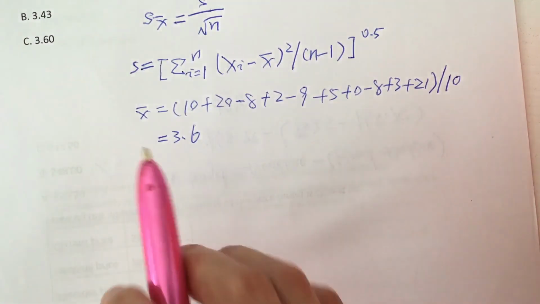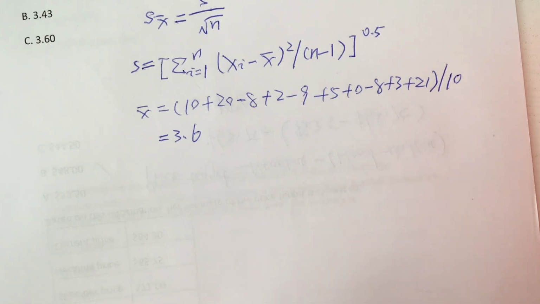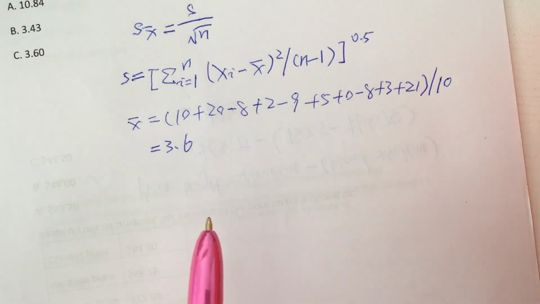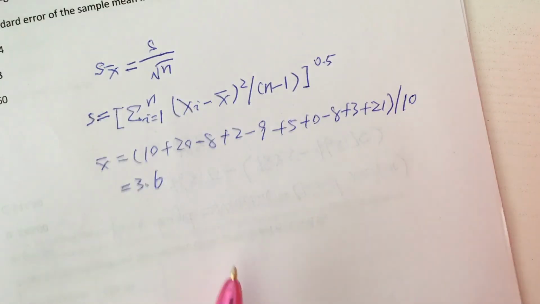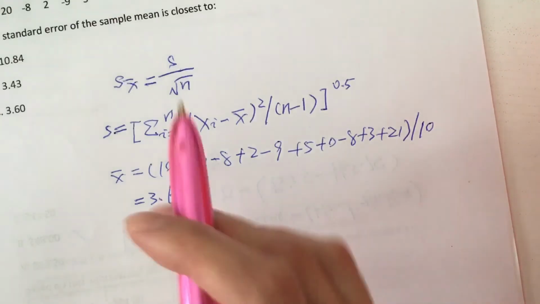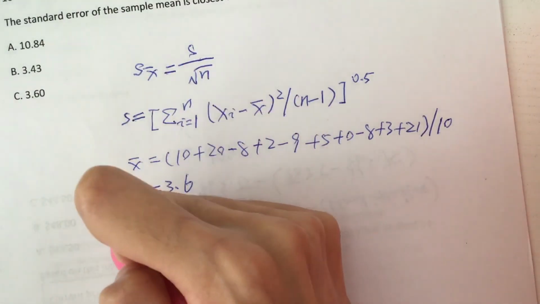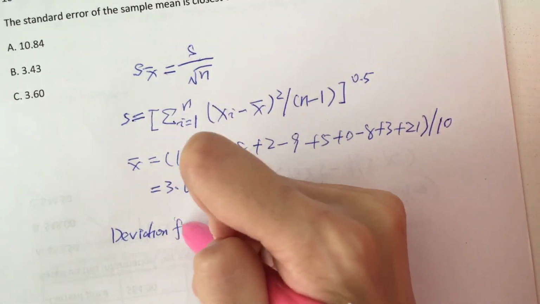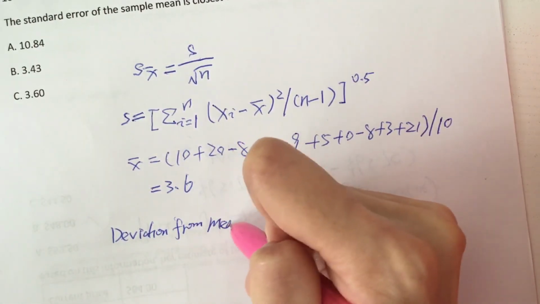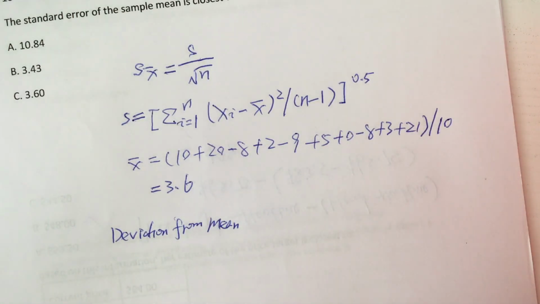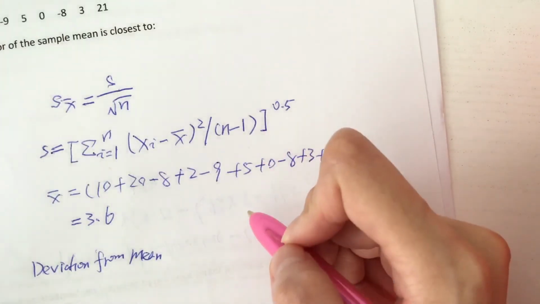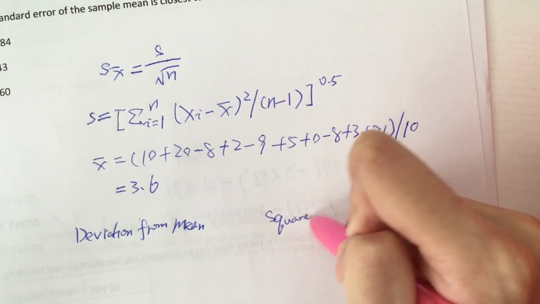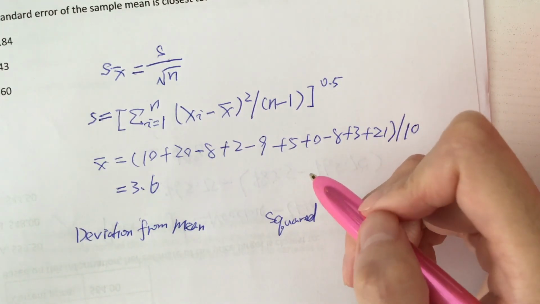And then we can calculate the deviation from mean and the squared deviation. If we don't use a calculator, we can write in a form like this: deviation from mean and squared deviation.